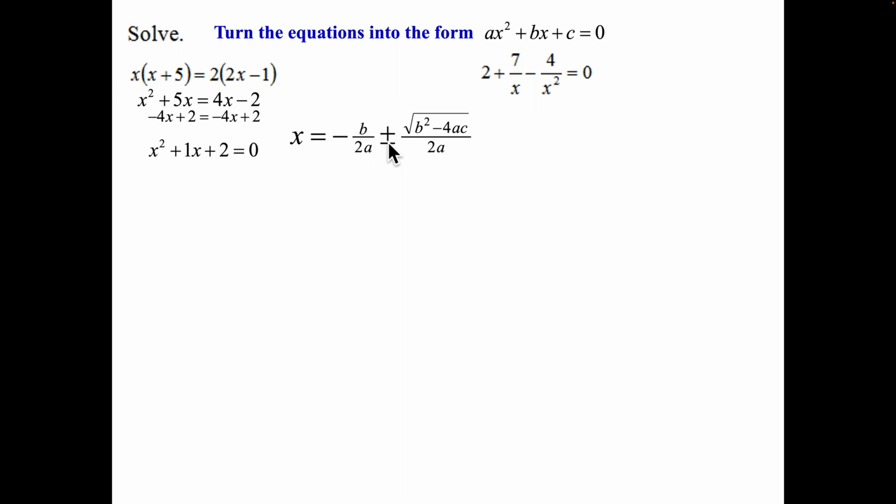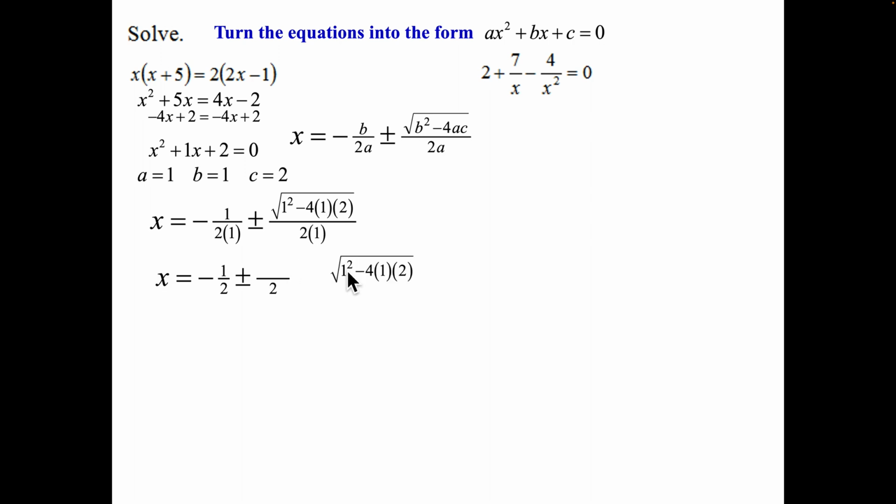Well, since we're in the quadratic formula section of 11.2, we'll do that. So 1, 1, and 2, so negative 1 over 2 times 1 is 2, plus or minus the square root of 1 squared minus 4 times 1 times 2. Okay, this one I don't think I'm going to need a calculator. 1 minus 8, we're going to get a negative 7. Take out the i, and there's my answer.